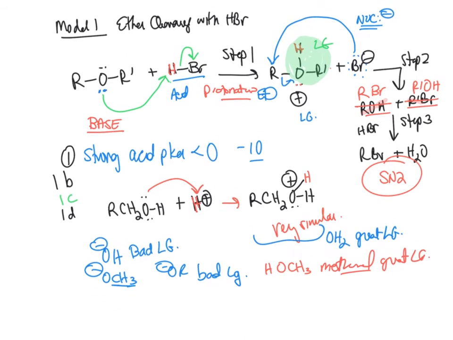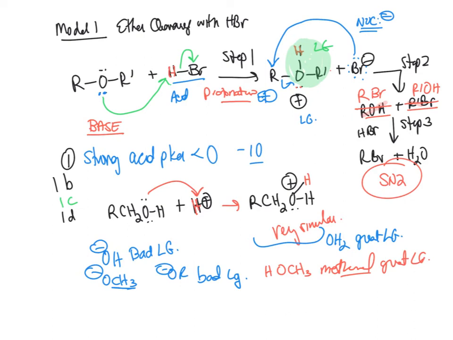Let's see what reaction, step 3. Okay. So question number 3. In step 3 of the reaction shown in Model 1, the alcohol reacts with an additional equivalent of HBr to form alkyl bromide. Draw the complete mechanism for step 3.